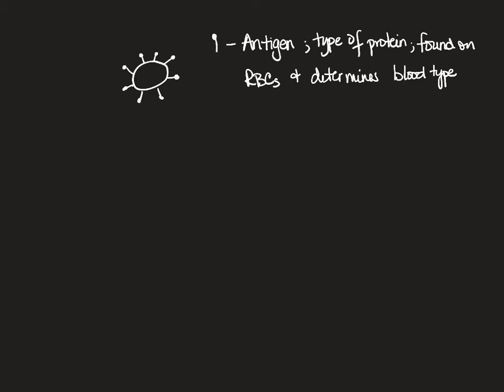Now, antibodies, that's another thing with these. All of the words start with the letter A, so that makes it a little bit more confusing. Antibodies are little Y-shaped proteins that are found floating in the blood itself, like in the liquid part of the blood. So they're called antibodies.